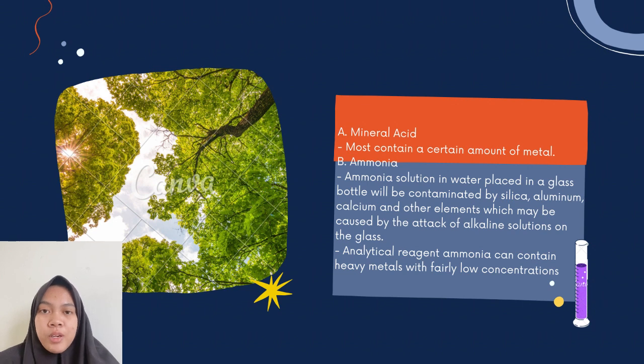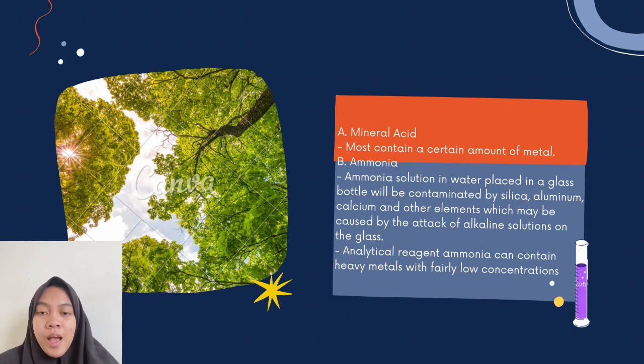Ultra pure contains a fairly low metal concentration, but the content of some elements varies between products. Analytical reagent grade acids usually contain the metals listed in the table.